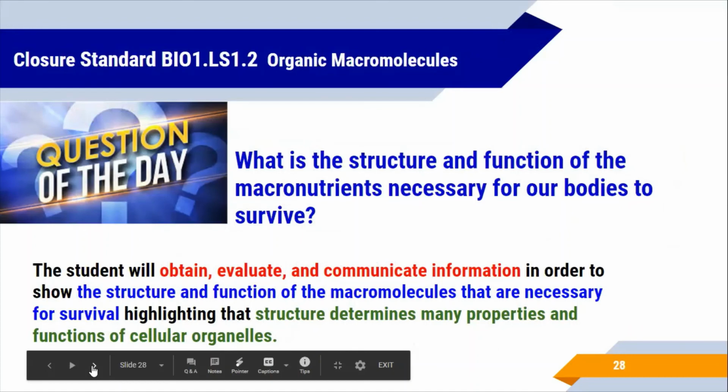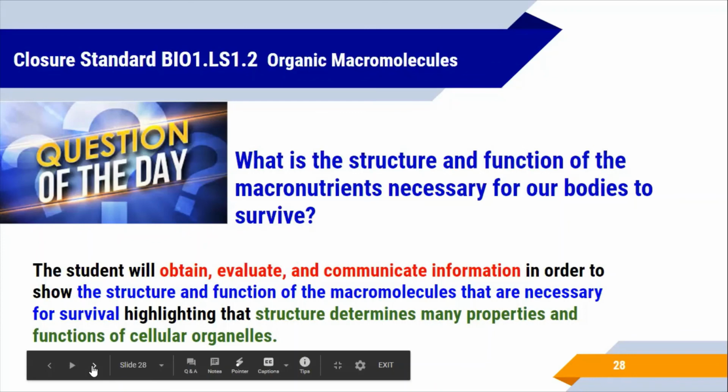To lead our actions and guide our assessments, our learning performance was that students will obtain, evaluate, and communicate information in order to show the structure and function of the macromolecules that are necessary for survival, highlighting that structure determines many properties and functions of cellular organelles.